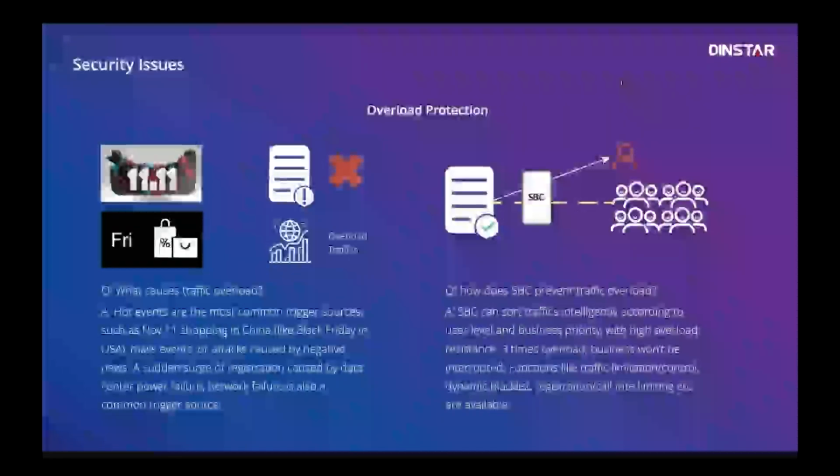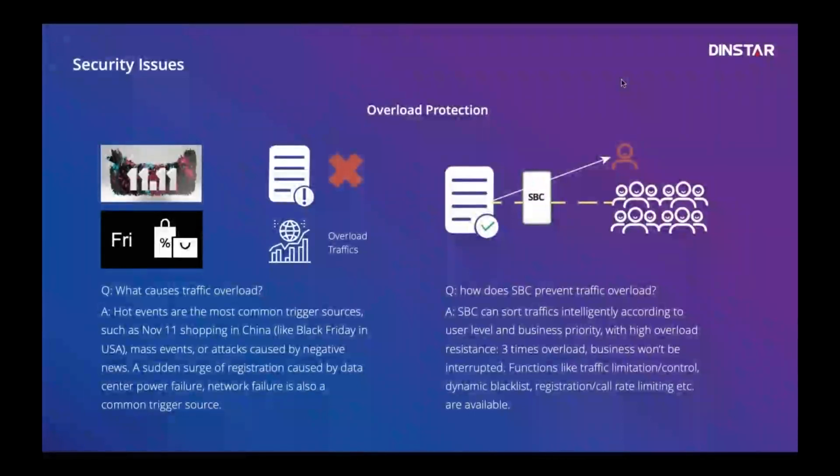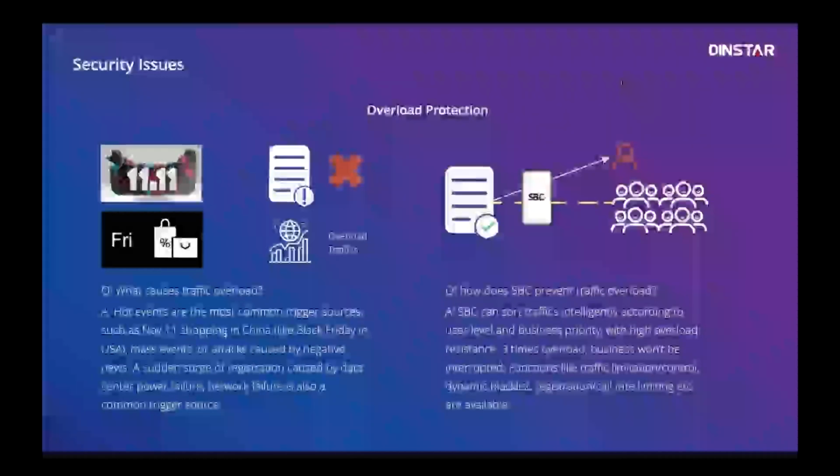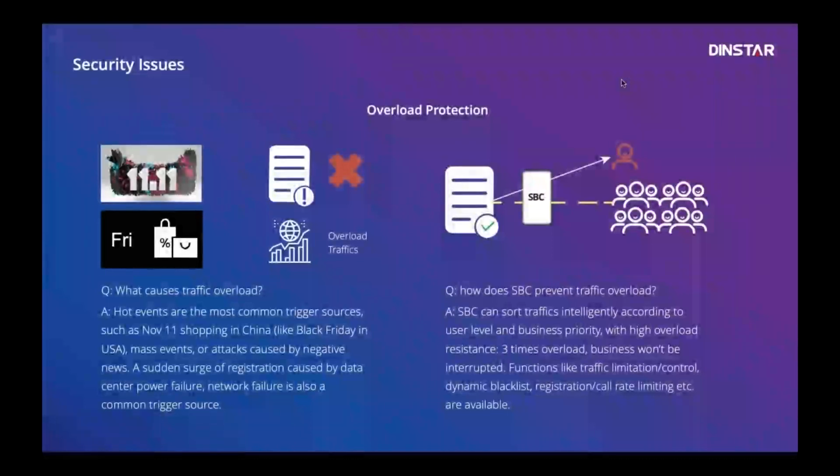The second is called overload protection. For traffic floods, in this case, hot events are the most common trigger sources, such as Black Friday in the USA. There are a lot of people doing shopping and a lot of people calling the service, or attacks caused by election news.